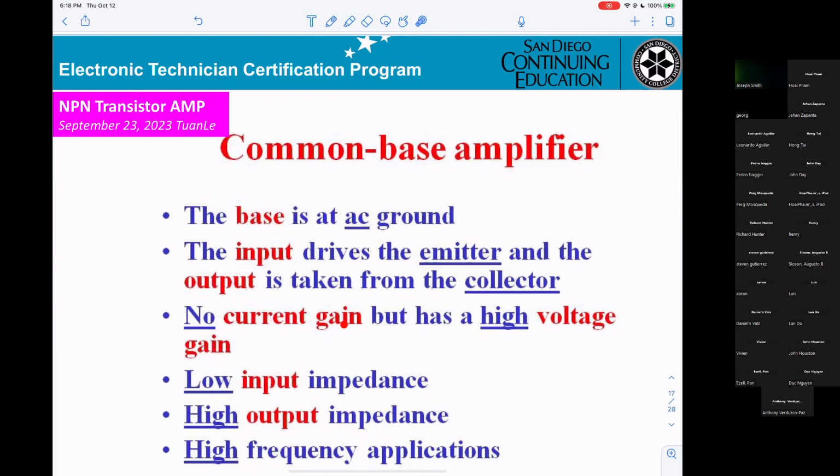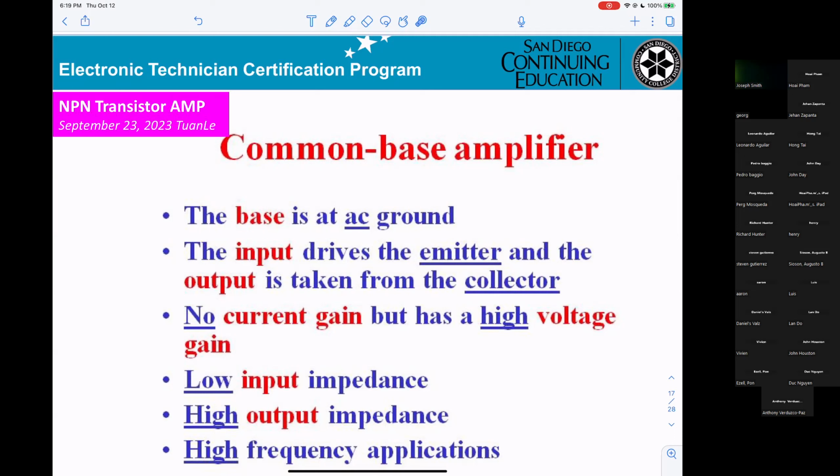No current gain, but high voltage gain, low input impedance, high output impedance, and they are used for high frequency applications. That basically summarizes the common base. Try to keep reading over.